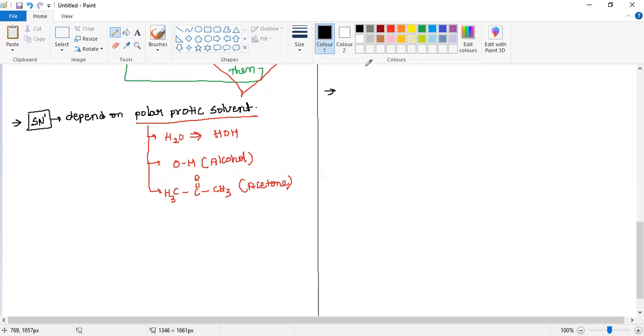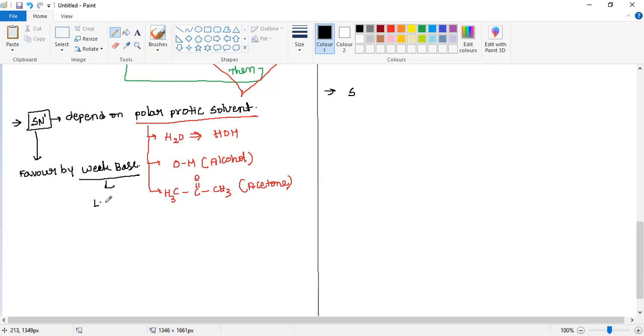Next point: generally the SN2 reaction is favored by strong bases like NaOH, KOH, like that. Then what about SN1, beta? SN1 reaction is mainly favored by weak bases. What type of base should it be?